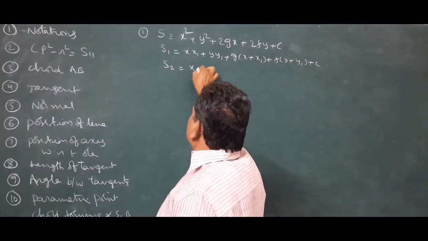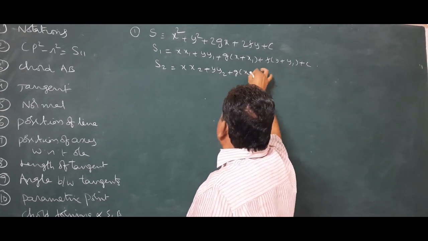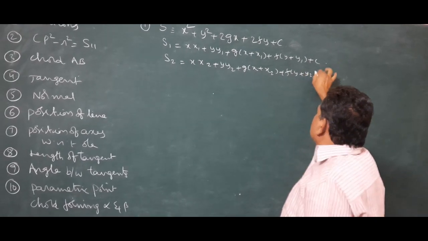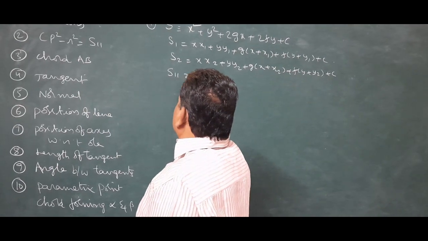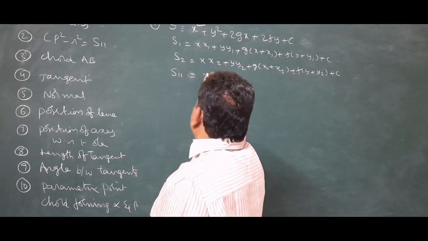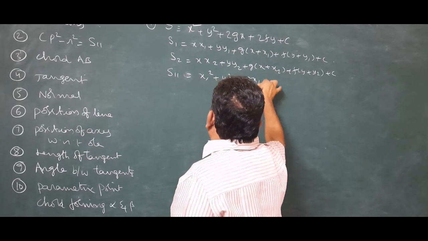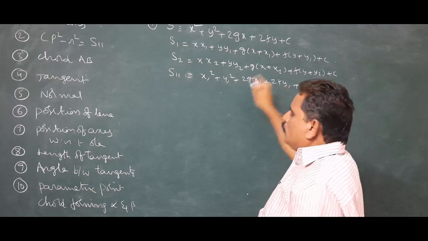S2 equal to xx2 plus yy2 plus g into x plus x2 plus f into y plus y2 plus c. S11 equal to x1 square plus y1 square plus 2gx1 plus 2fy1 plus c.